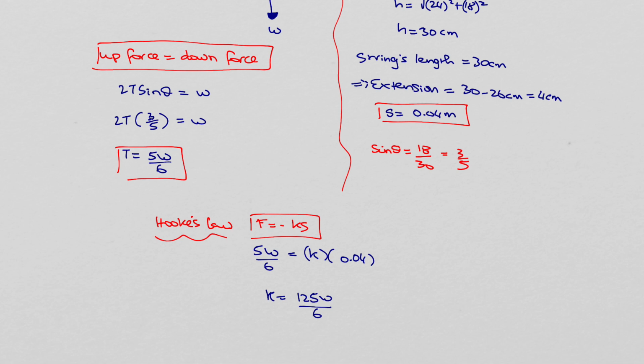So it would be force, which is newtons, divided by distance, which is meters. So our elastic constant, its unit would be Newton per meter. So 125W over 6. Okay, so we had 5 for working out K and 5 for working out T. So we had 25 in total for this question.